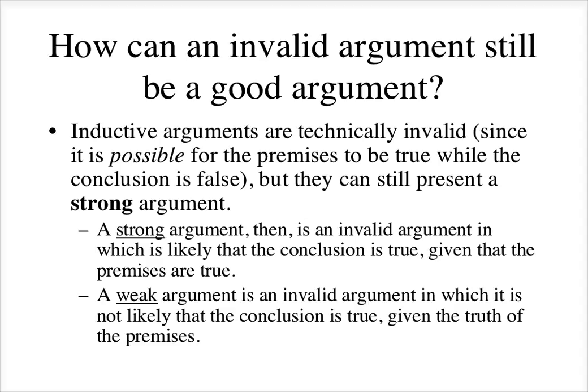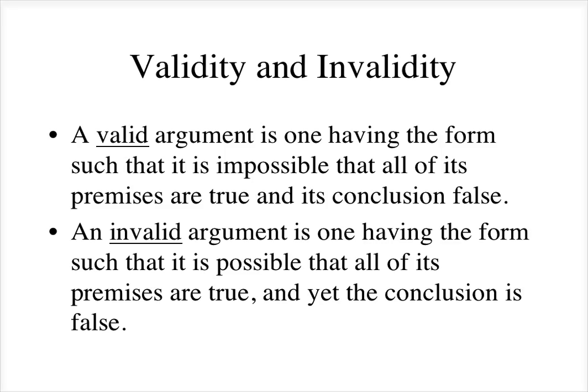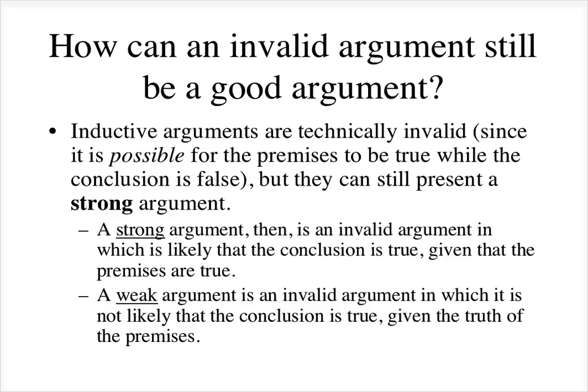Non-deductive arguments are only meant to show that their conclusion is likely given the truth of its premises. So to say it's possible for the premises to be true and the conclusion false is, yeah, that is the case, but that's not a standard they were intended to fulfill, so we don't want to hold them to that. So to reiterate, valid and invalid will refer to deductive arguments, whereas strong and weak will refer to non-deductive arguments.